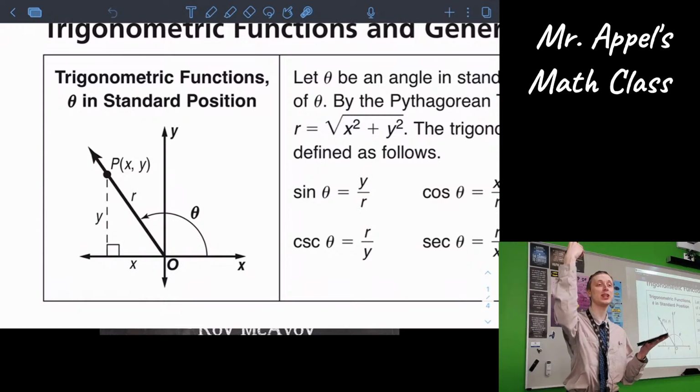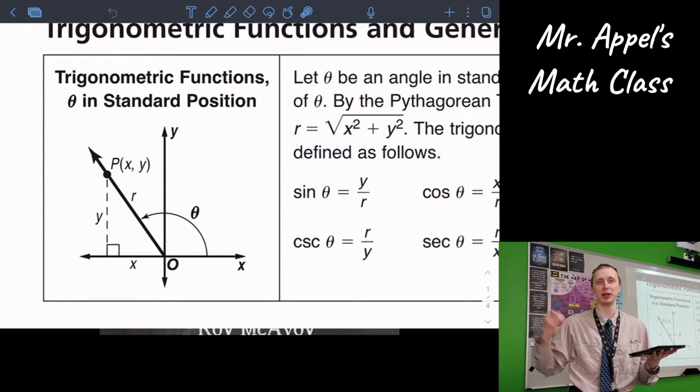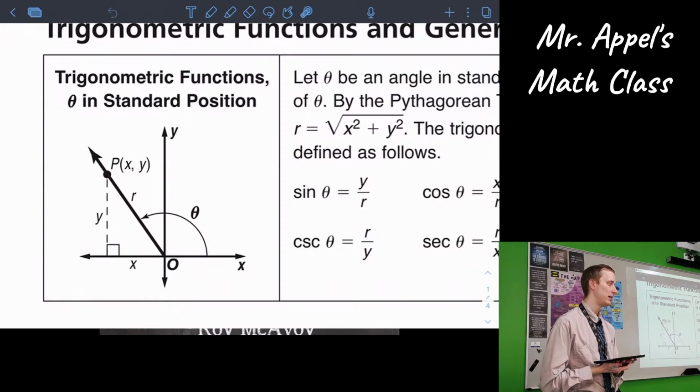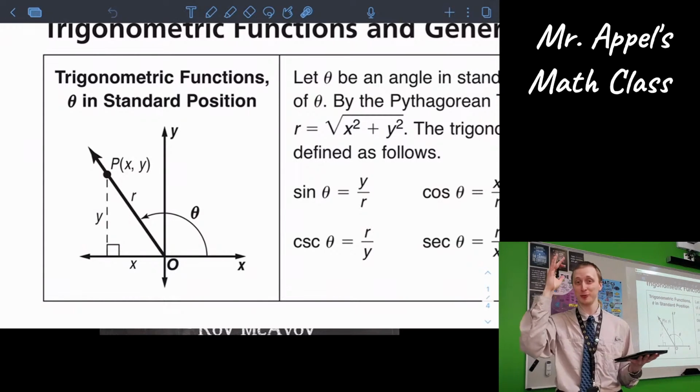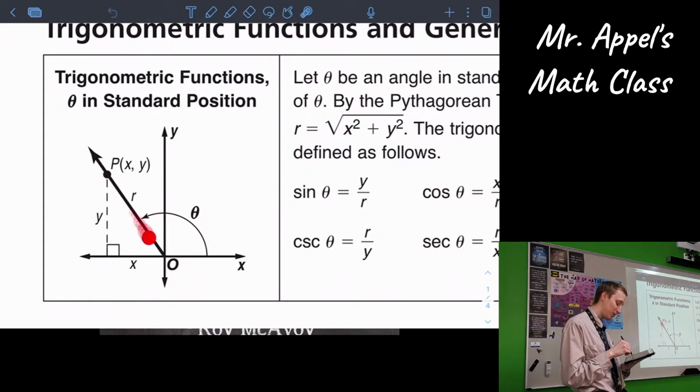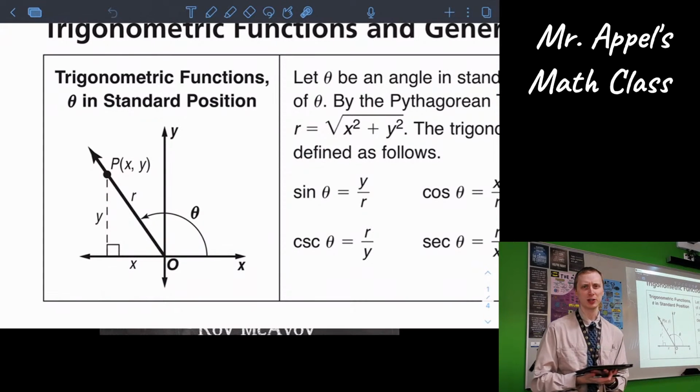And now I've created, out of any point in the plane, a right triangle. From this right triangle, we can do trig ratios, right? I know my hypotenuse. I know x, we can find y. Or I know y, we can find x and r, or any combination of two pieces of information.